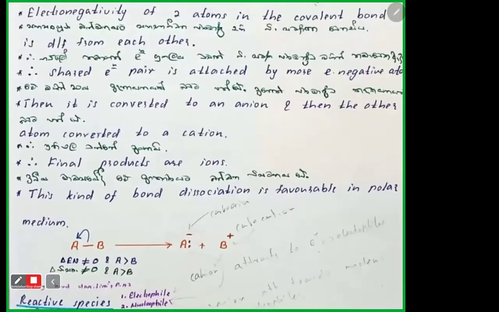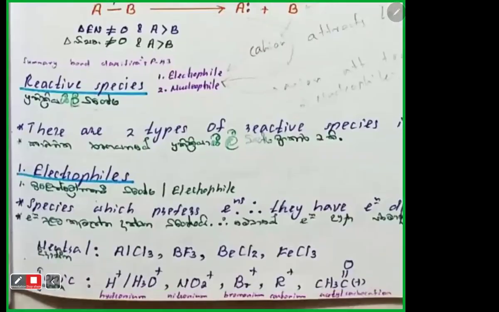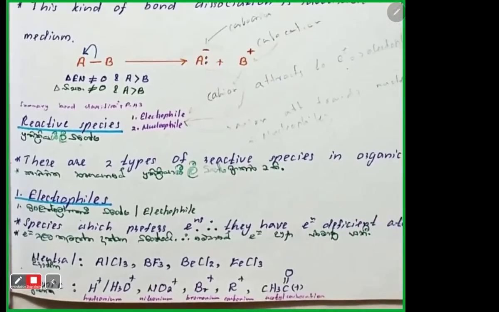But if the electronegativity difference is high, one is claiming more electrons. So this one gets both bond electrons, becoming negative, and this is positive. Negative is called a carbanion, positive is called a carbocation. Those are the two species coming from these.